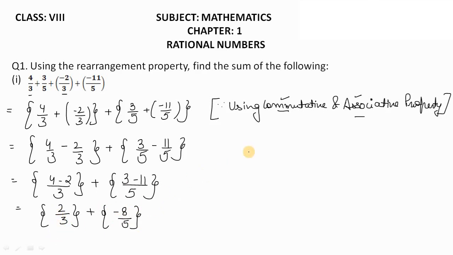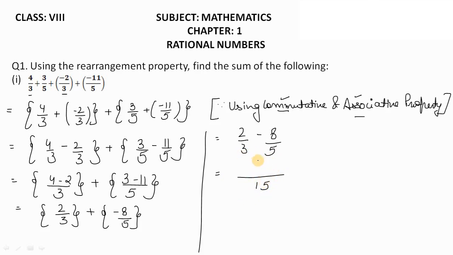So now I have to take the LCM, or first you can open the bracket, it will be 2 by 3. Now again plus minus will become minus 8 by 5. Now we have to take the LCM of 3 and 5. The LCM will be 15.